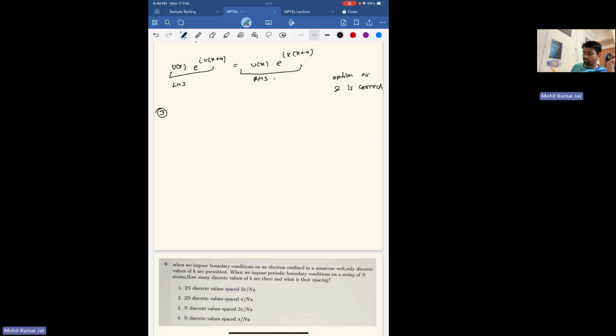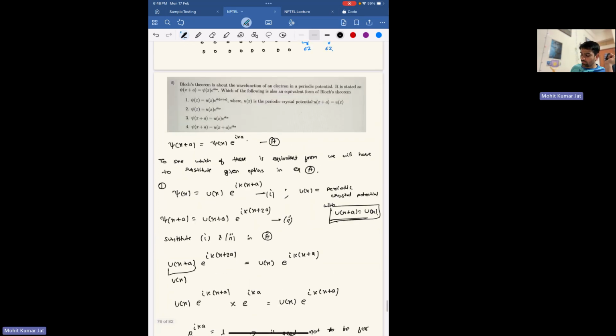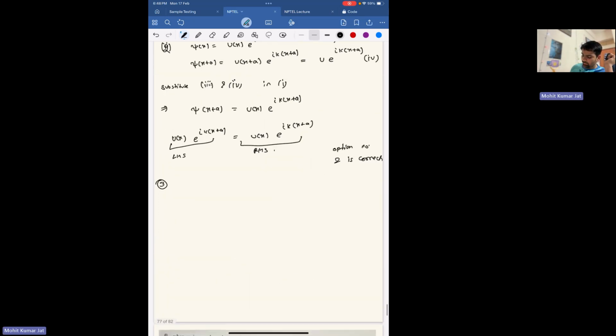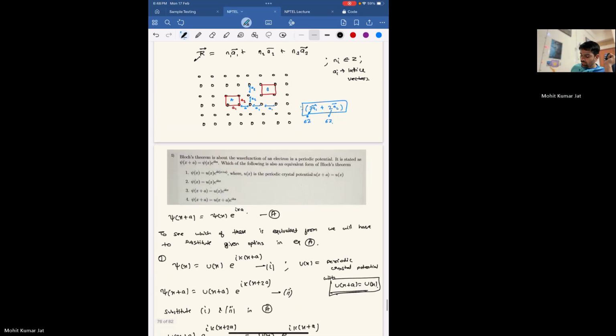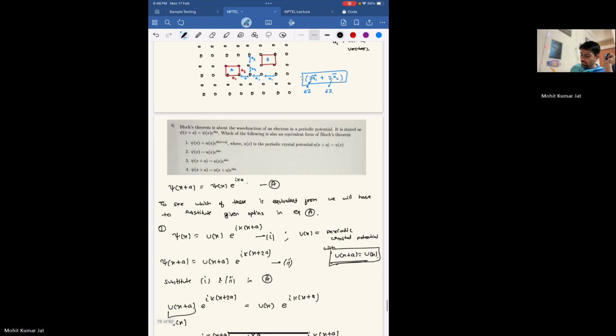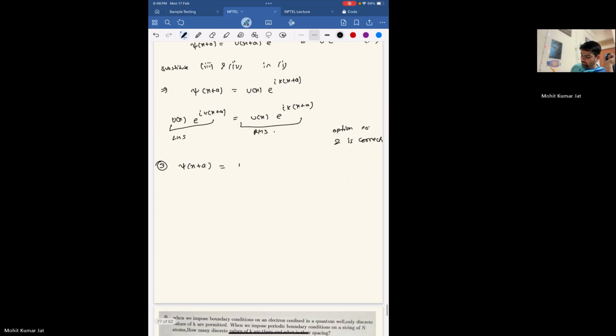So option number 3. Option number 3 says that psi of x plus a is equal to u of x e to the power i k x. This is my equation number 5. Substitute 5 directly in equation 1.